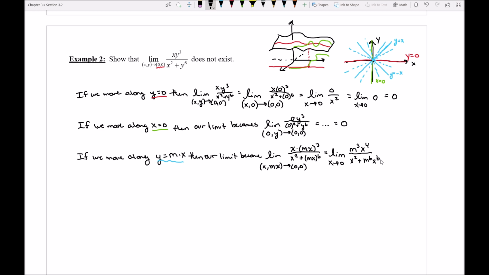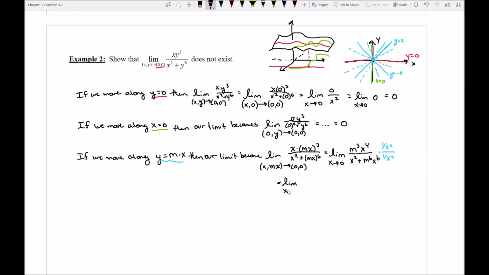Here's a quick little trick that I could do, because right now, notice that my limit is producing 0 on top, but also 0 on bottom. And I could right now choose to multiply by a fancy version of the number 1. This is a classic trick that you might have done back in a calculus class, like a Calc 1 course. I'm going to divide here by x squared, multiplying by 1 over x squared, and see how that changes the limit.